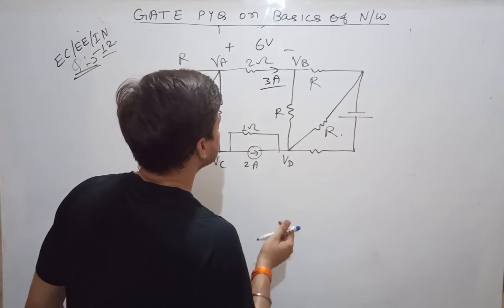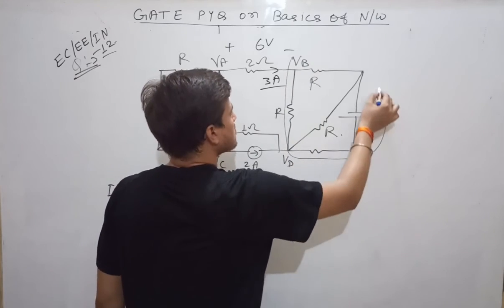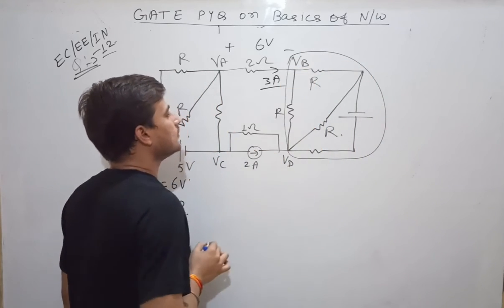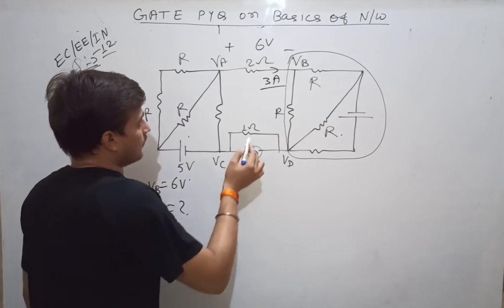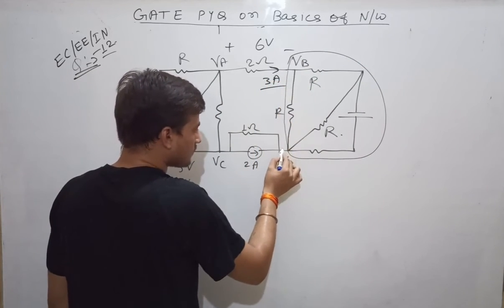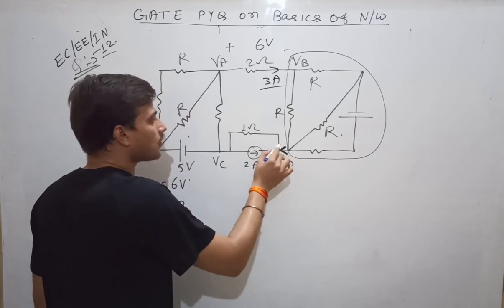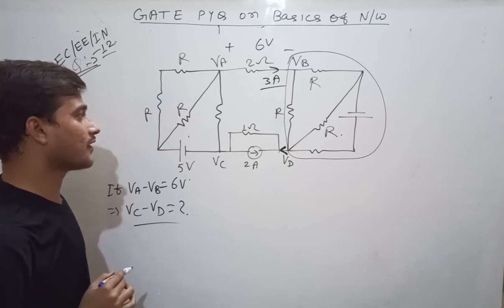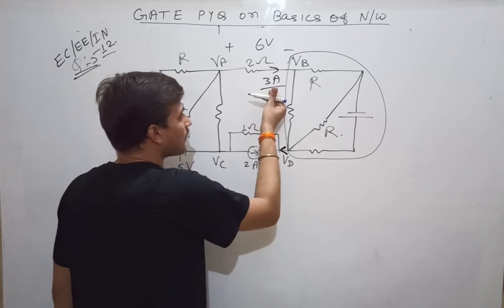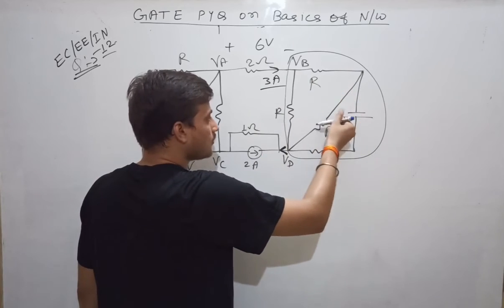Next, you see this network. If 3 ampere of current is entering this network, here you see that this is the only one exit terminal of this complete network. Suppose 3 ampere of current has been divided into these two branches. Further the current will be divided into these two branches.